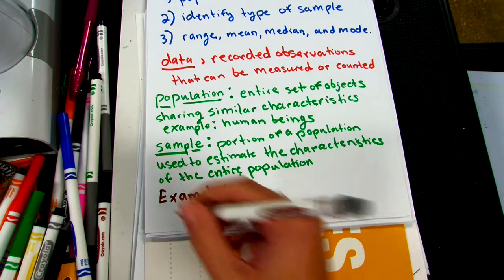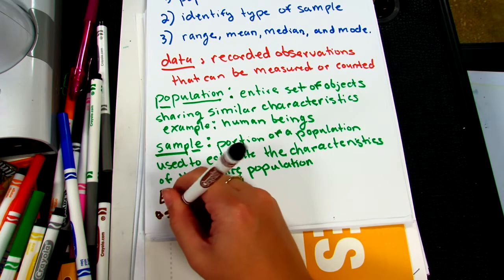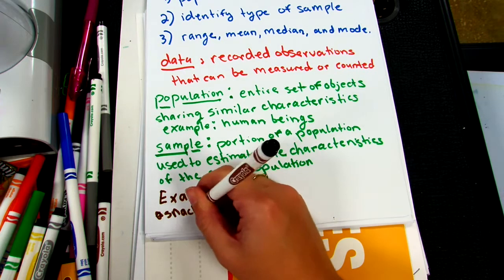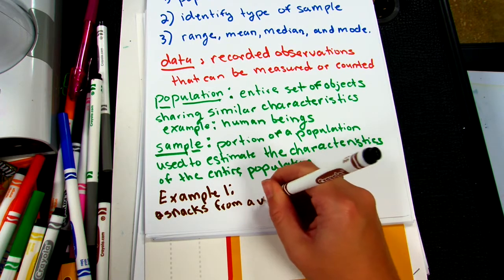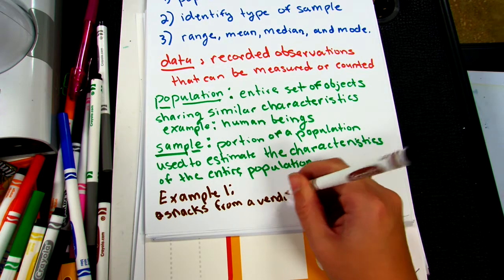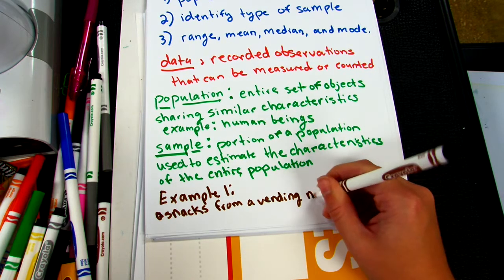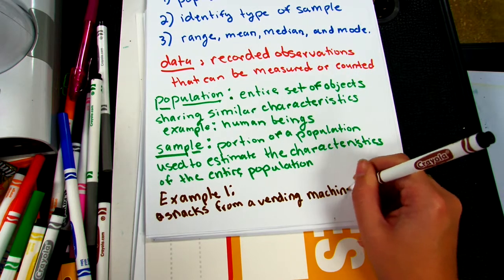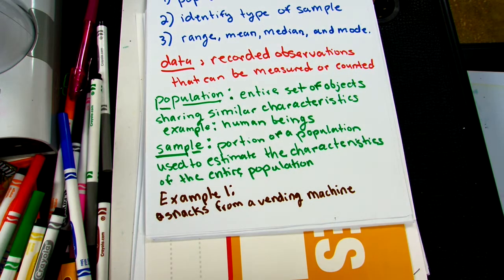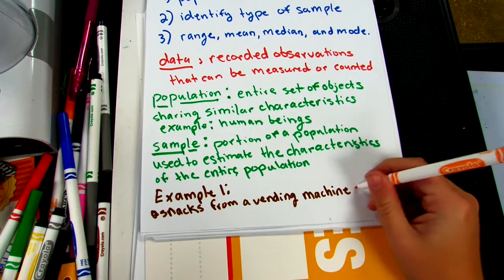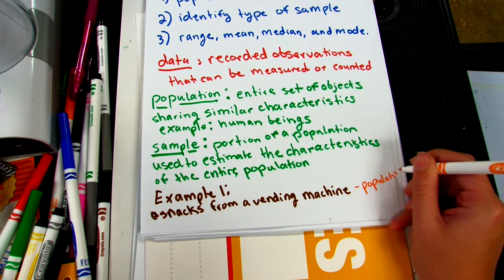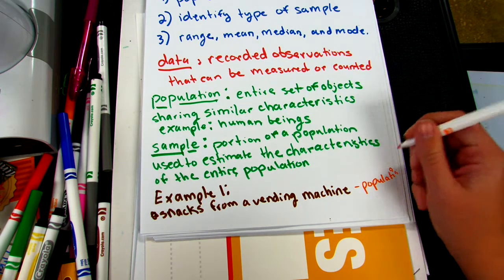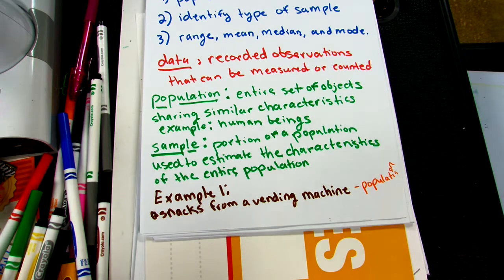What about snacks from a vending machine? Okay, since we didn't specify a certain type of snack, and we're just saying all snacks, we would say that this is a population. Population. There we go.